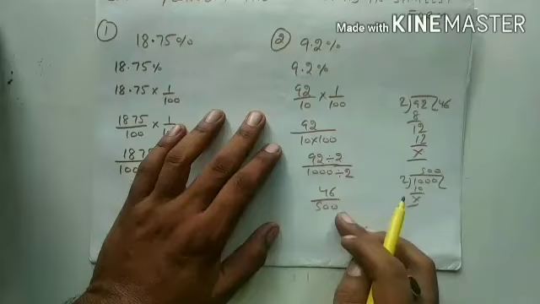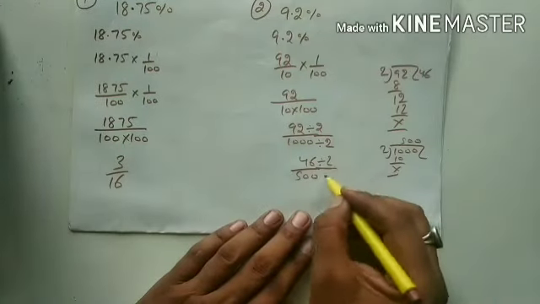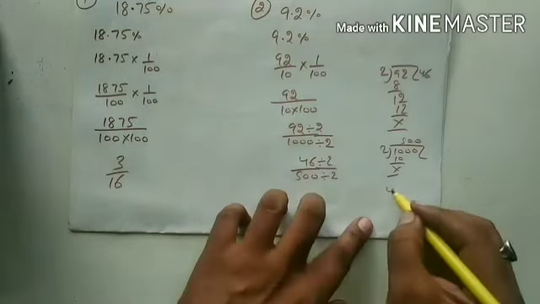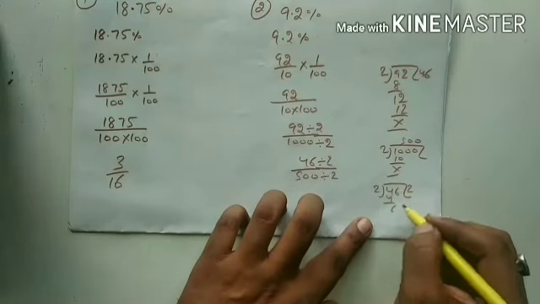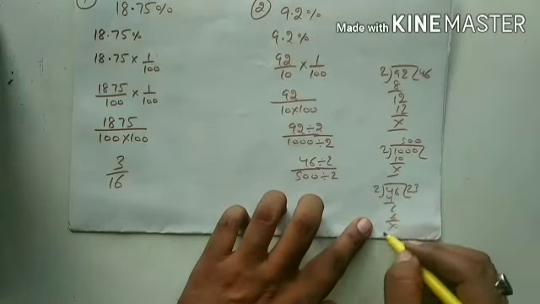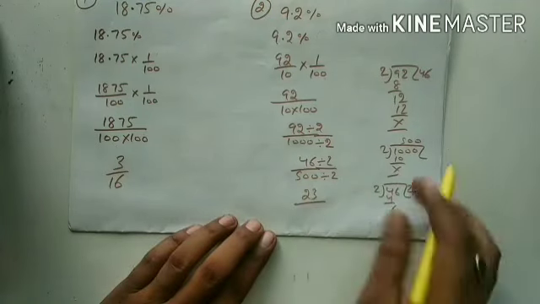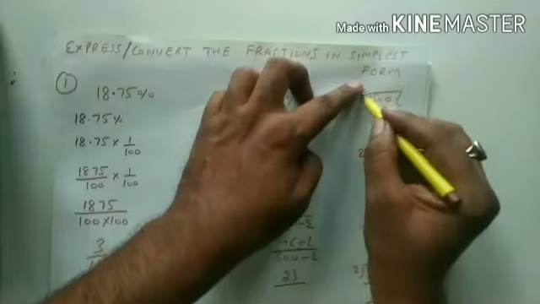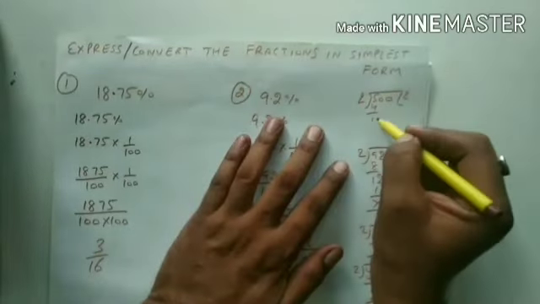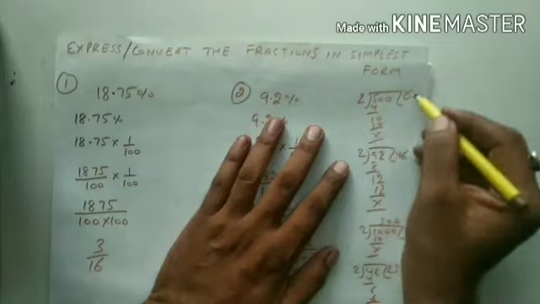Now 46 and 500 are also divisible by 2. So I will again divide both by 2. 46 divided by 2: 2 2s are 4 and 2 3s are 6. So the answer is 23 and 500 divided by 2.